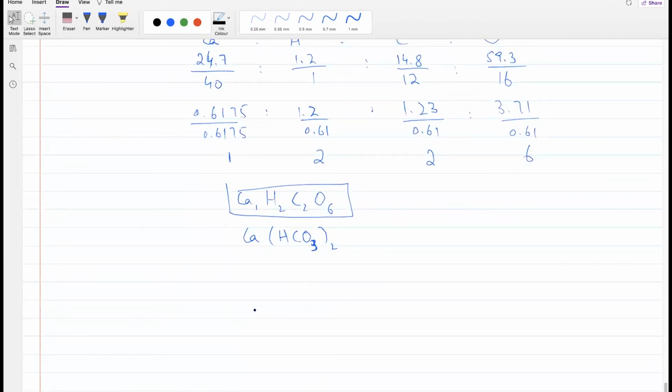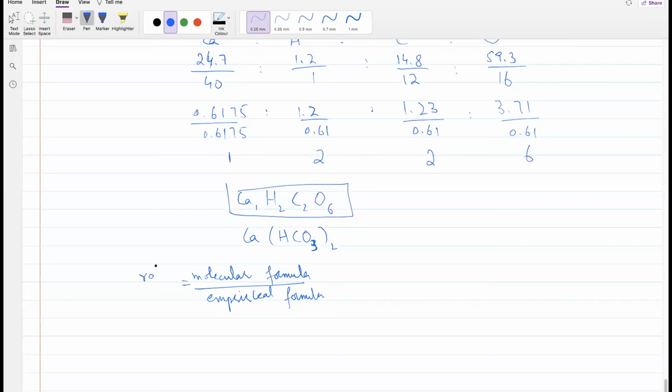Now here's an important thing to remember. The ratio by which you simplify an empirical formula. So molecular formula divided by empirical formula, that equals a ratio.